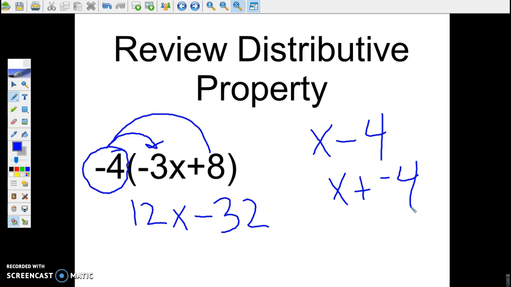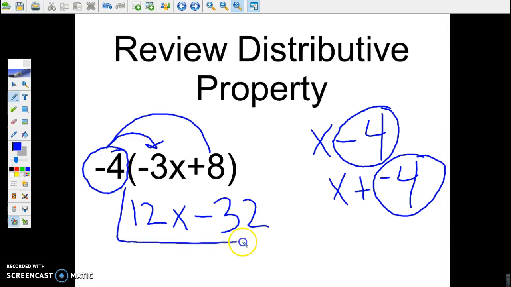We think of it, okay, is that 4 positive or is that negative? And you'll see that it means the exact same thing. So try to get away from thinking of it as a subtraction problem and start thinking of it as, is that number positive or is that number negative?